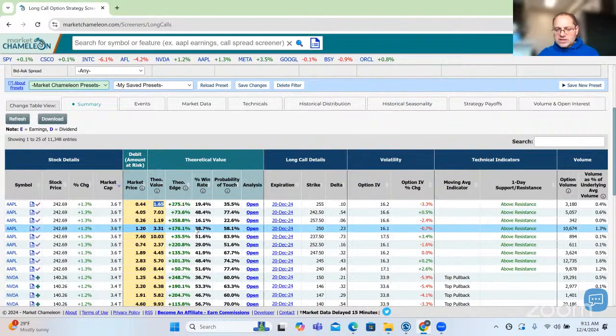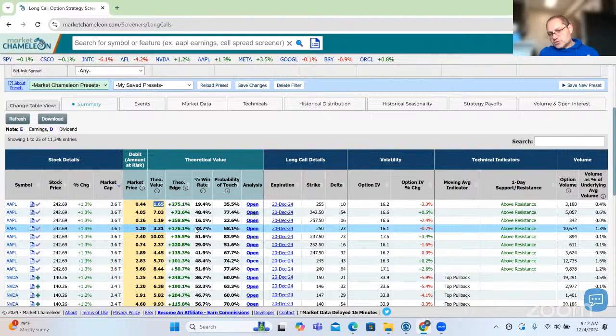So we're looking at history and trying to assess Apple's liquidity and historical stock behavior, to see if this is a realistic price, whether it's on the low end or high end of its historical average.